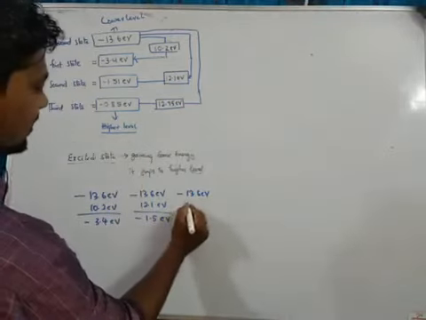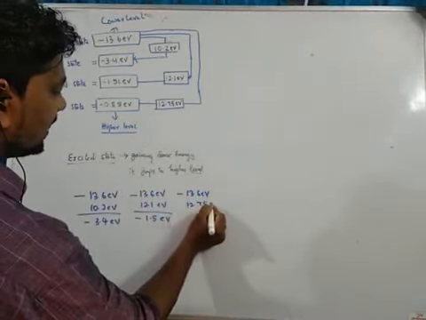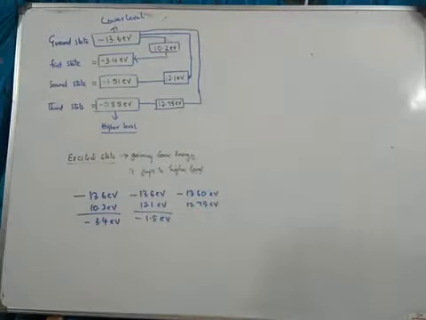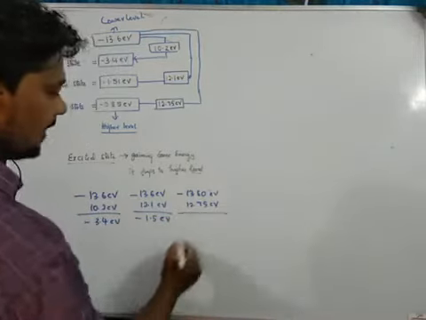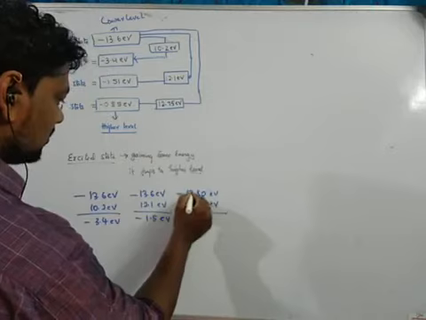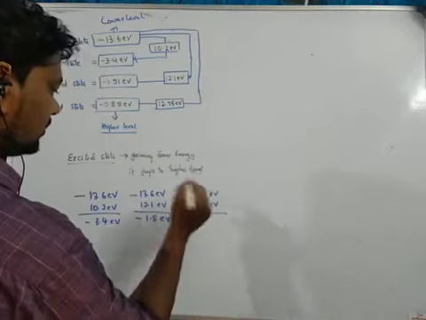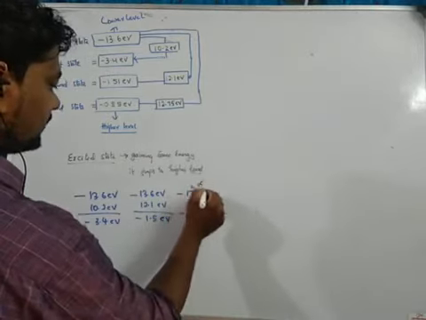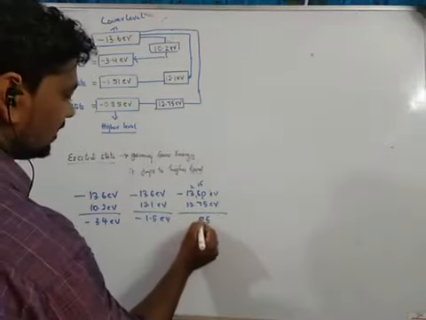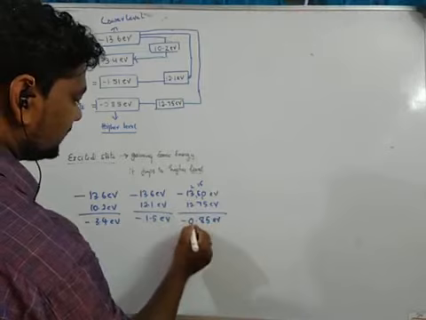If you gain 12.75 electron volts, then the value will be minus 0.85 electron volts.